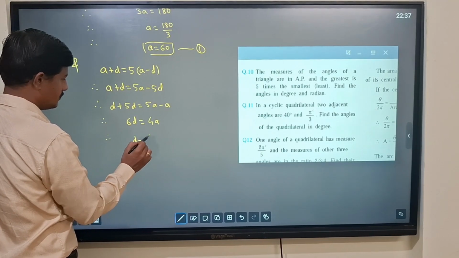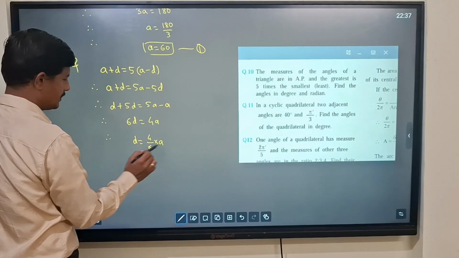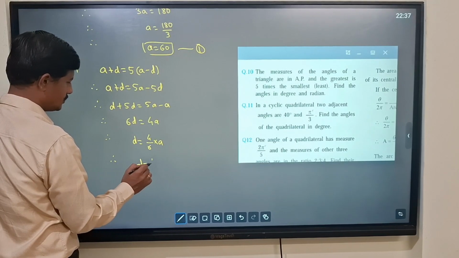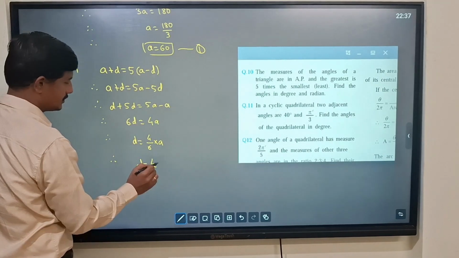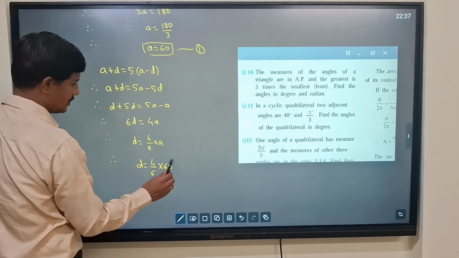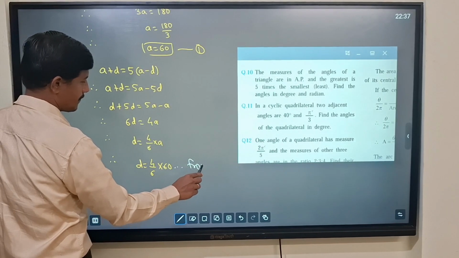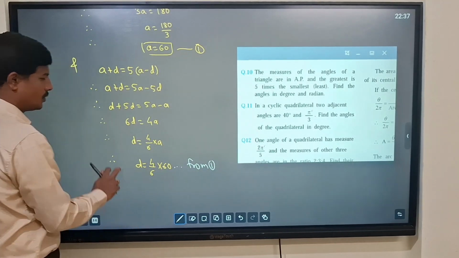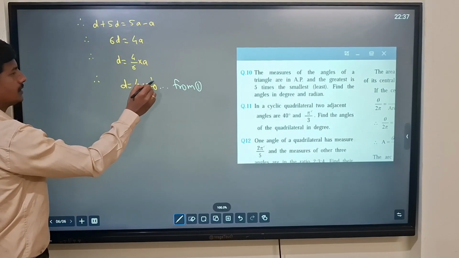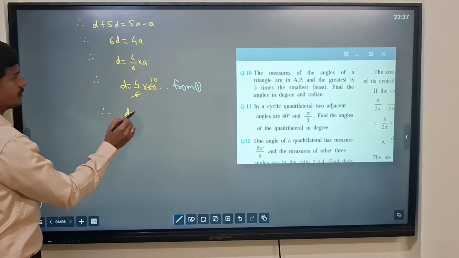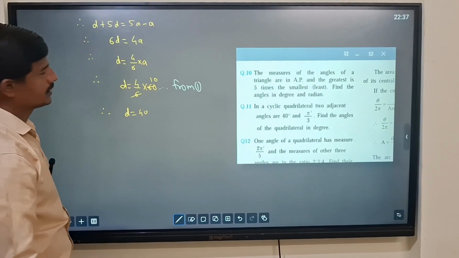Therefore, D is equal to 4 by 6 into A. But A is 60, so 4 by 6 into 60, 6 tens are 60, therefore D is equal to 40.